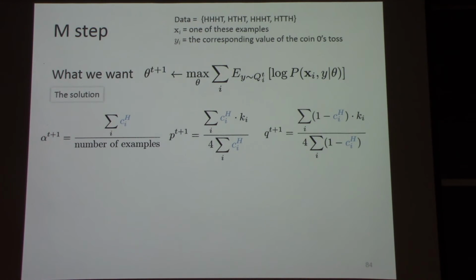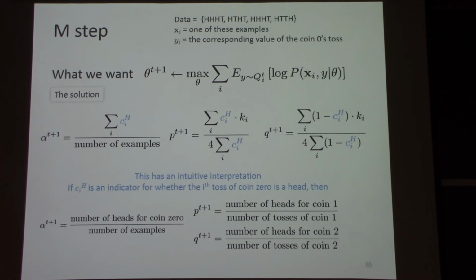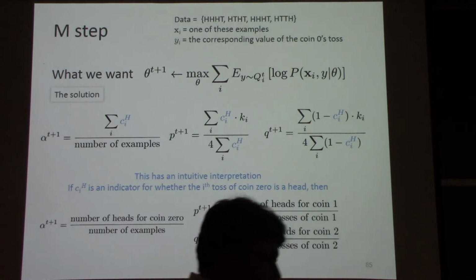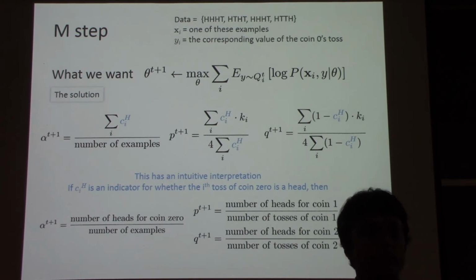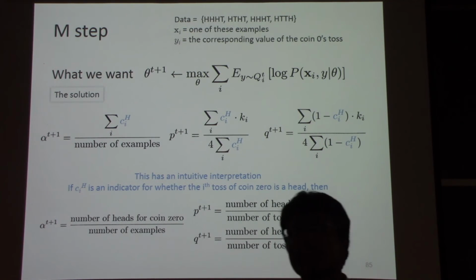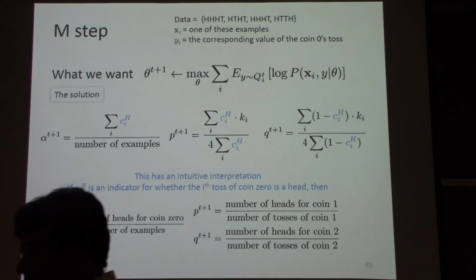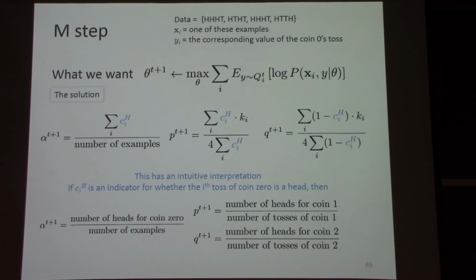P is another term, but there's a very intuitive explanation. What was c? C was just the probability that the ith example had a label heads. Instead of thinking of it as probability, if I thought of it as an indicator that the ith example was heads, meaning it's either 0 or 1, then the sum over c_i is just counting the number of heads.